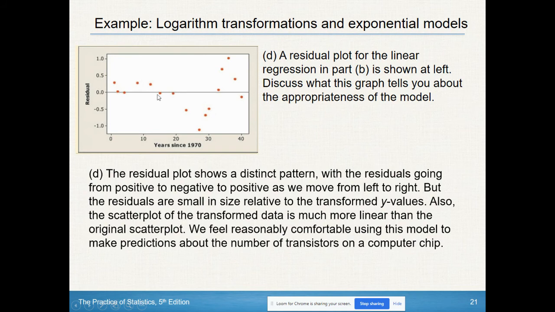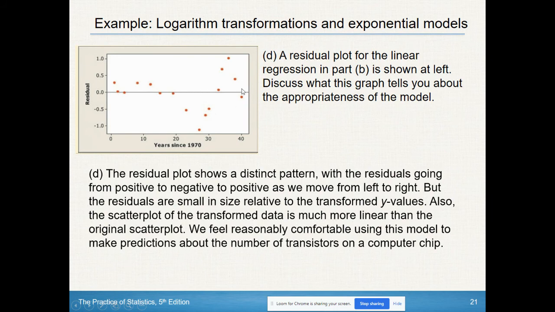So even though it does show a pattern here a little bit, the residuals are rather small, because you're talking about 1 and -1 on the y-axis here on the residuals. How much off are the predicted values from the actual values?